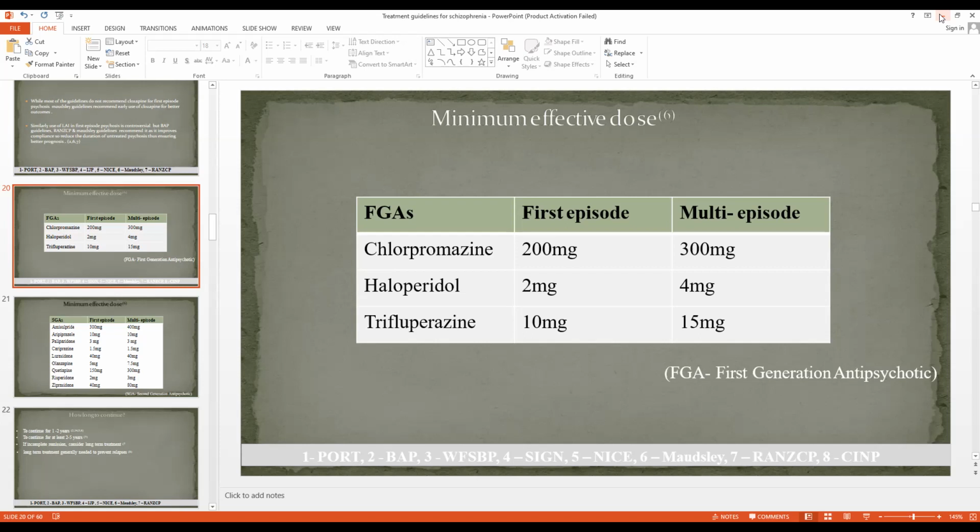It is written in the British Association of Psychopharmacology guidance.